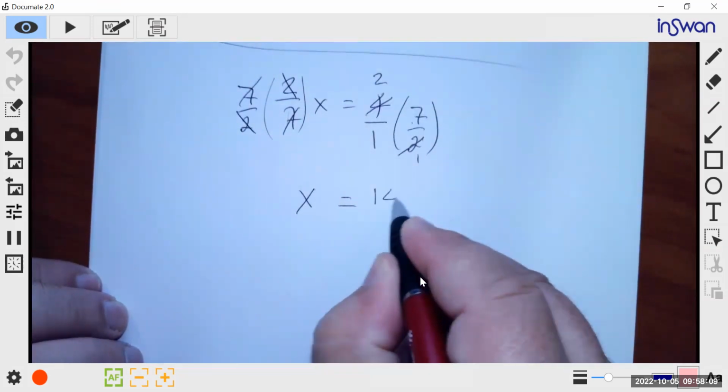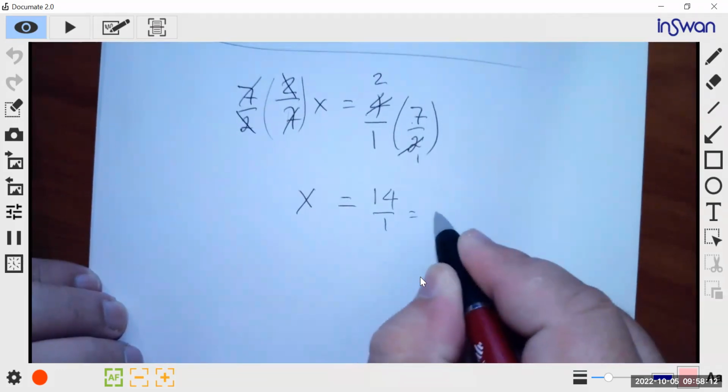2 times 7 is 14. 1 times 1 is 1. 14 over 1 is 14.